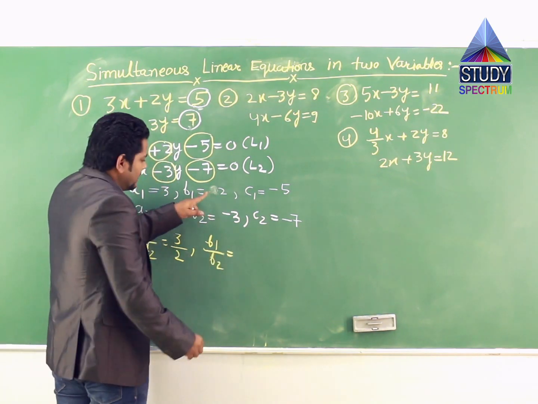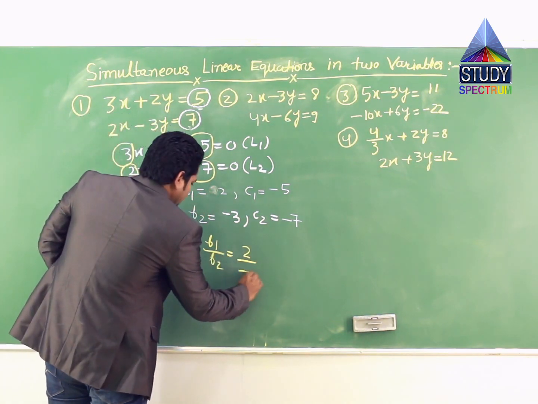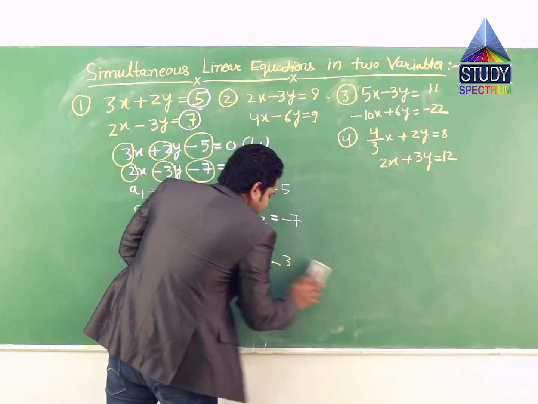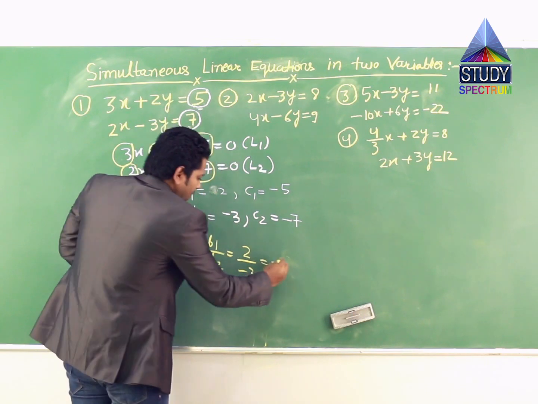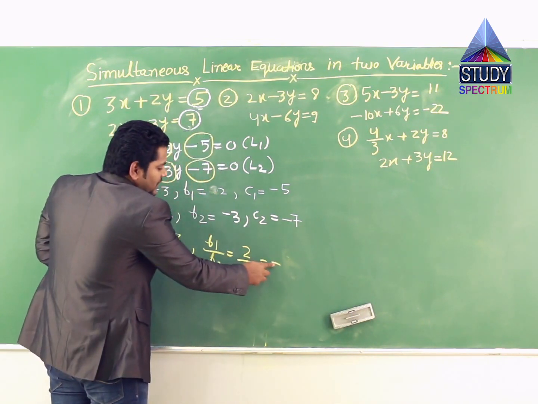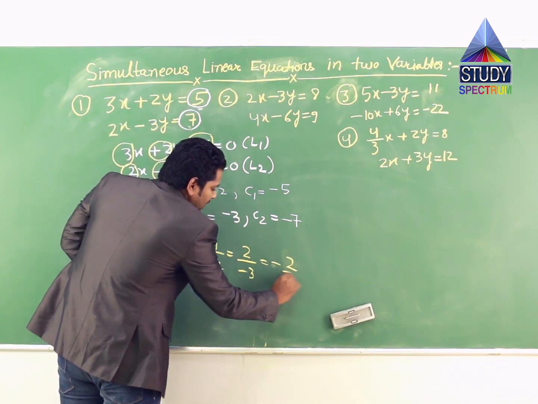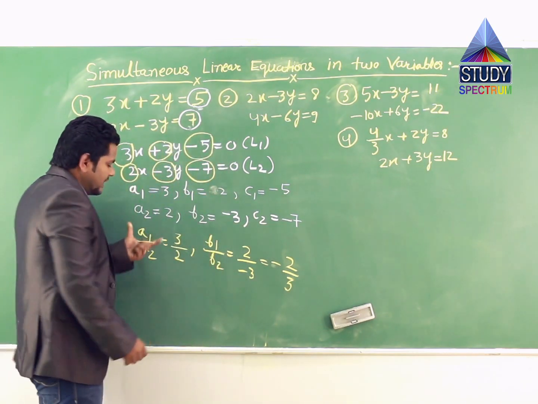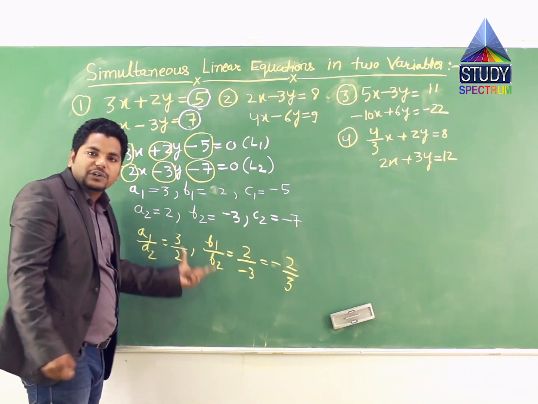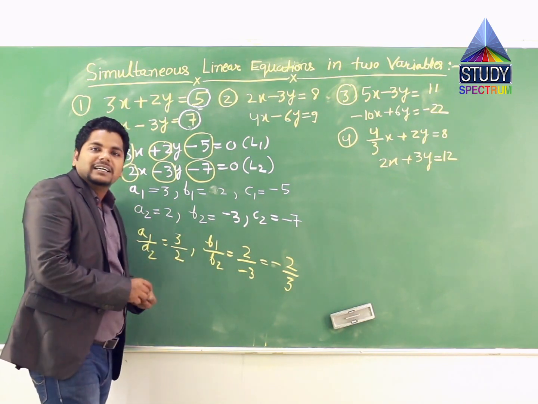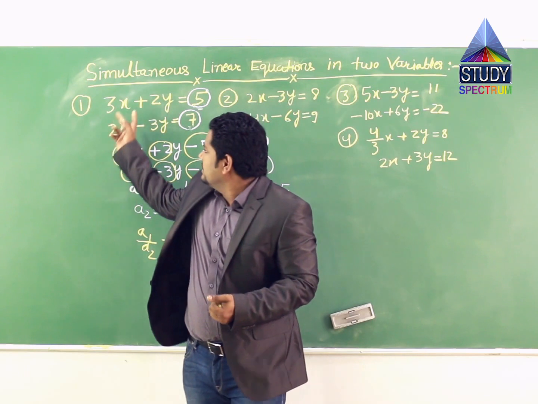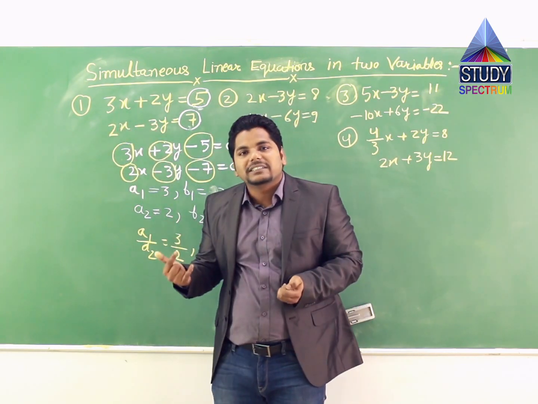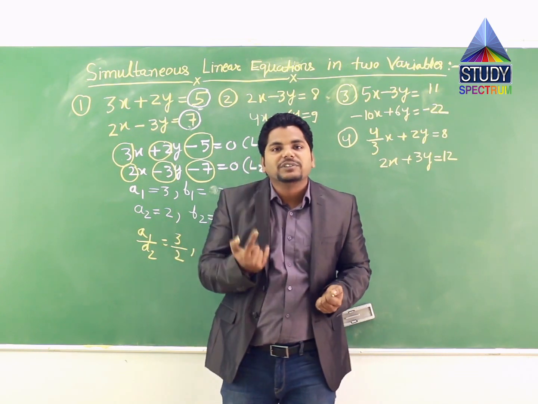B1 is 2, this is -3, so it is -2 by 3, the minus comes in the numerator. So here A1 by A2 is not equal to B1 by B2. It means both the lines are intersecting each other. It means in this case we'll get one solution.